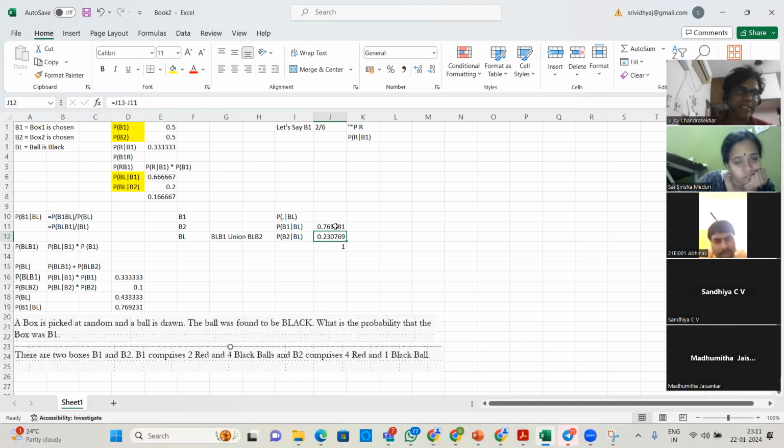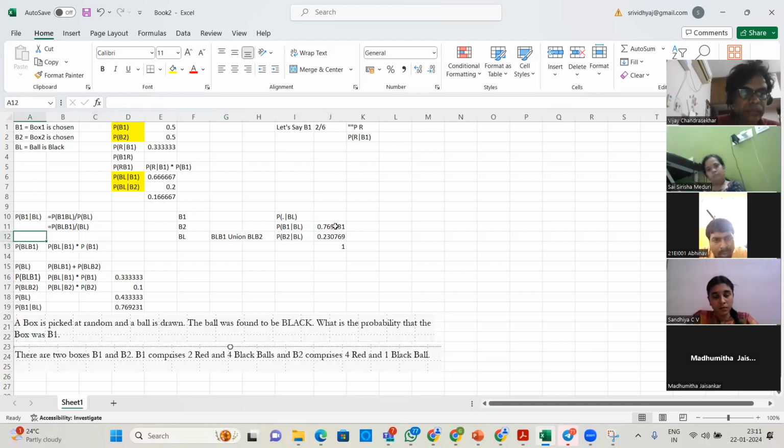So the Bayes theorem is basically this, folks. Give me a moment, I'll tell you what Bayes theorem is.